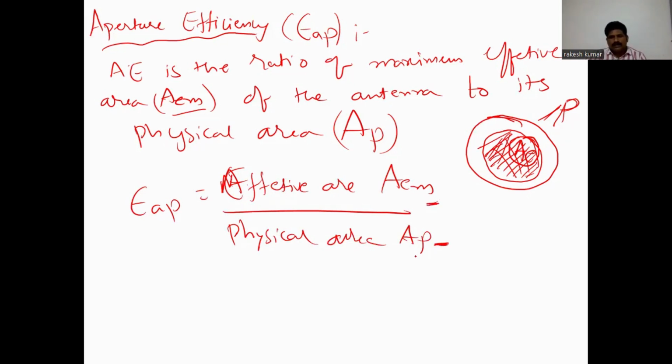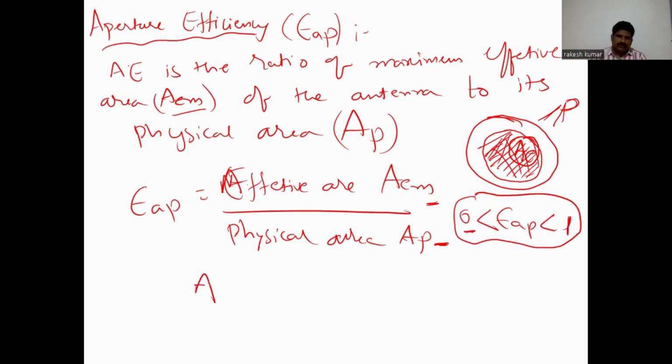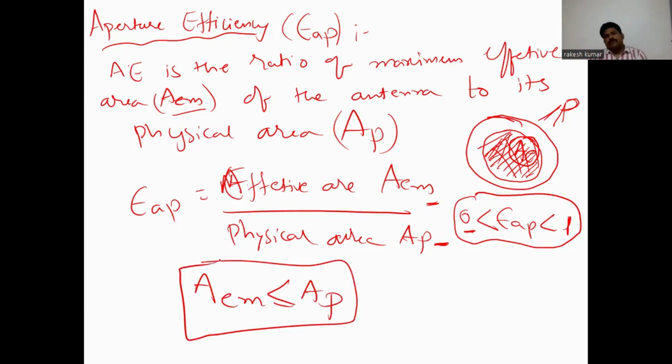Since the physical area is in the denominator, the value of aperture efficiency is always less than one, since the effective area is always less than or equal to the physical area. So this is the definition of aperture efficiency: the ratio of maximum effective area AEM of an antenna to its physical area AP.